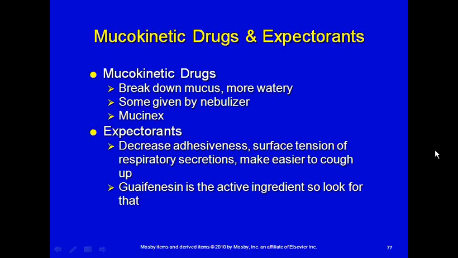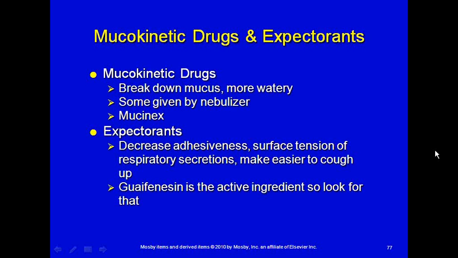Mucolytic drugs help break down mucus, make it more watery so it can be easily coughed up. It includes Mucinex, which is probably the most common mucolytic drug out there. Expectorants decrease the adhesiveness or the surface tension of respiratory secretions, making them easier to cough up, so they aren't as sticky as they normally would be.